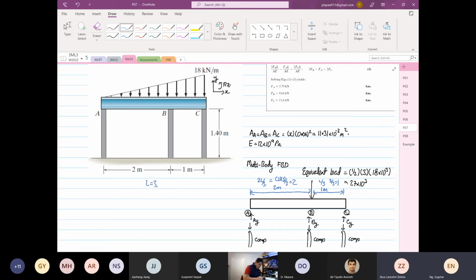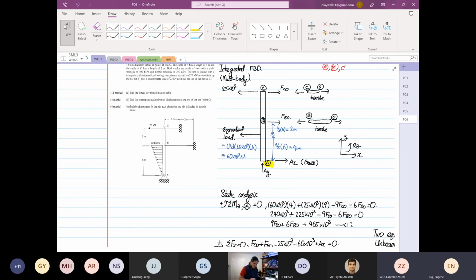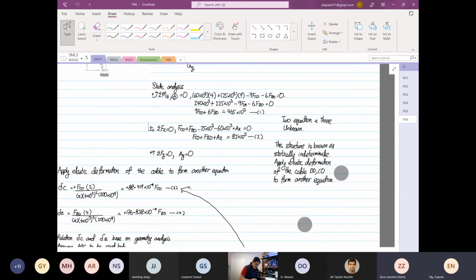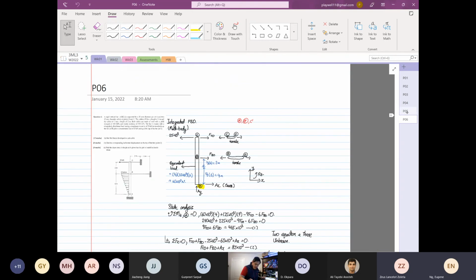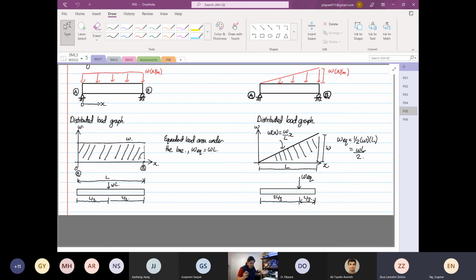If you look at week 1 lecture, we have the same load distribution, and it's only in different direction. I did explain to you how to find the equivalent load. I just apply whatever I showed you. Nothing new.